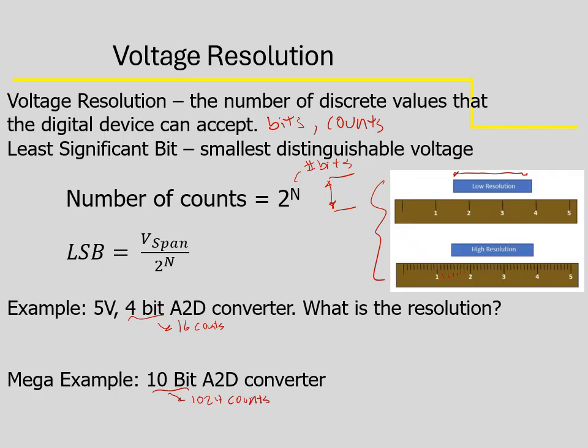Now, we also describe this as the least significant bit, the smallest distinguishable voltage we can measure, and that is the voltage span divided by the number of counts. So this might be a range of 0 to 5 volts, and the voltage span would be 5 volts, over 2 to the n. It could be different.